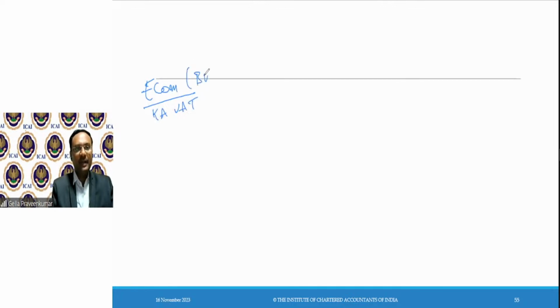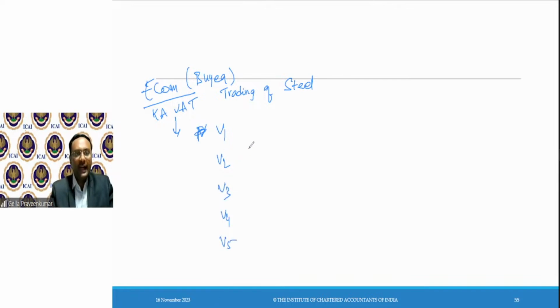ECOM is a buyer. ECOM is into, let's take an example, the trading activity of steel. ECOM had purchases from, say, vendor 1, vendor 2, vendor 3, vendor 4, vendor 5. ECOM purchased the goods from these particular vendors.